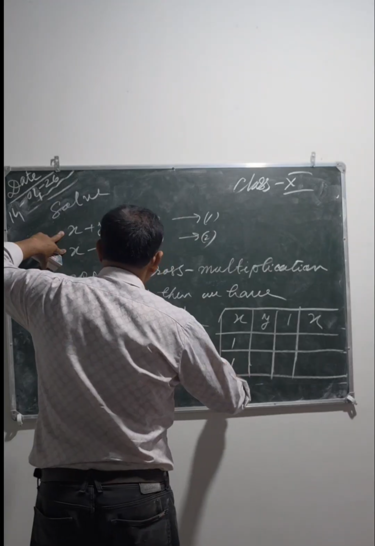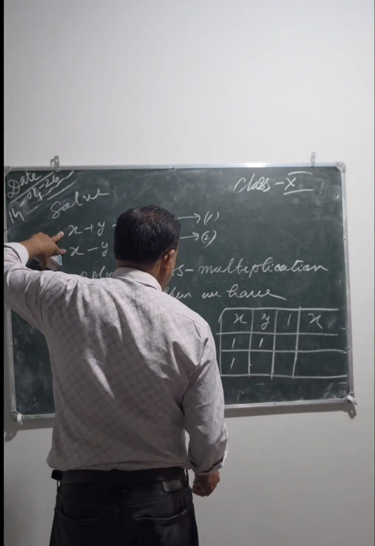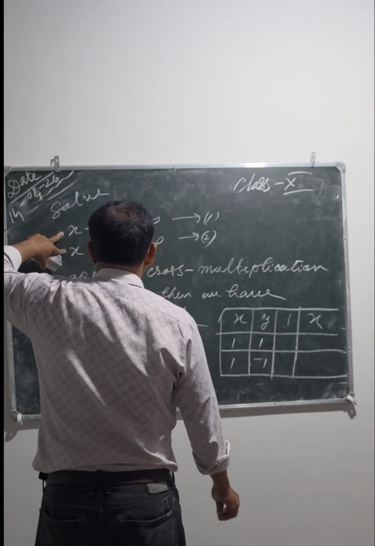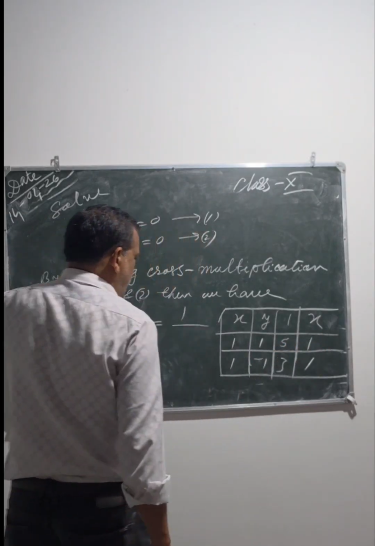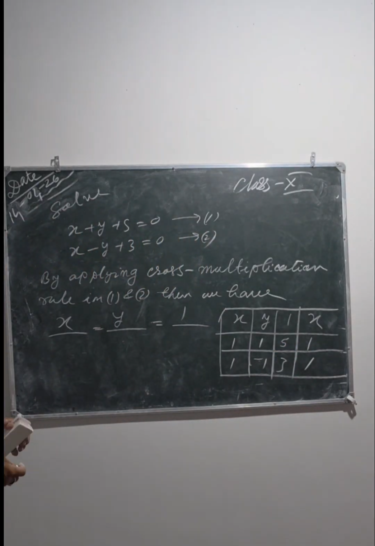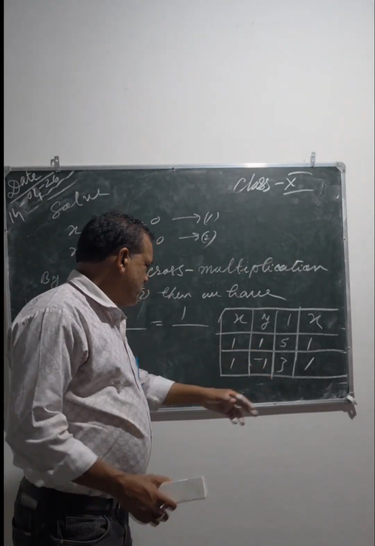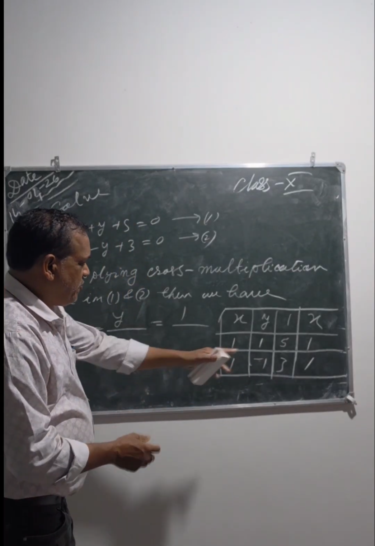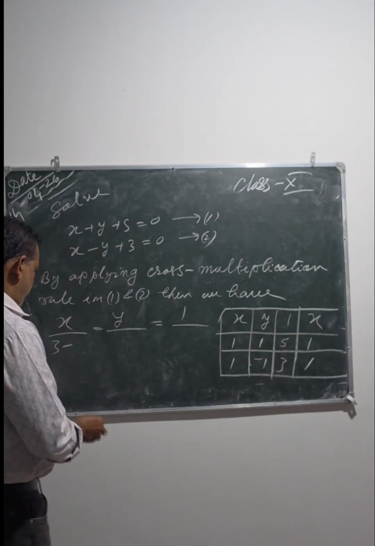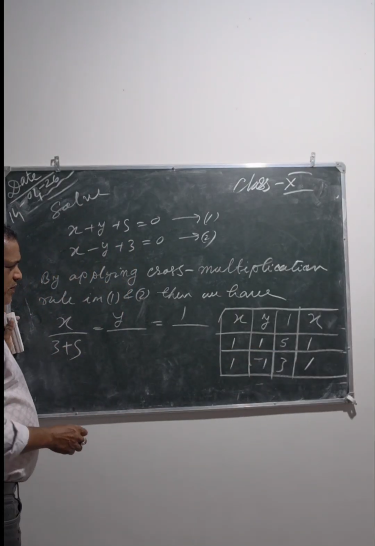Then the coefficient of y is 1, minus 1. Then the constant term is 5, 3, and the coefficient of x is repeated once again. If we want to write below x, then it will be 1 into 3 is 3, then minus 5 into minus 1 is minus 5. So minus minus plus 5.